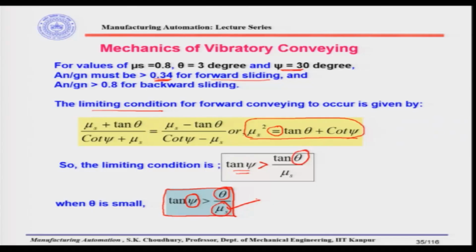For example, there are aluminum parts, there could be steel parts, there could be parts with a rougher surface or with a smooth surface. That will determine your mu_s, which is the static coefficient of friction between the parts and the track. So, depending on that, you will get the psi, which is the vibration angle, and you can design accordingly: select the electromagnet and design the suspension springs and the angle of the suspension springs.